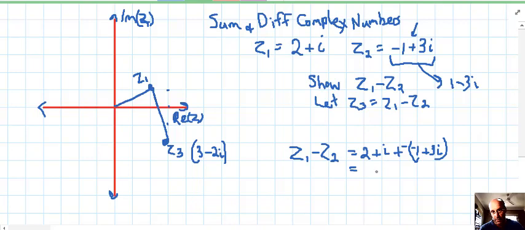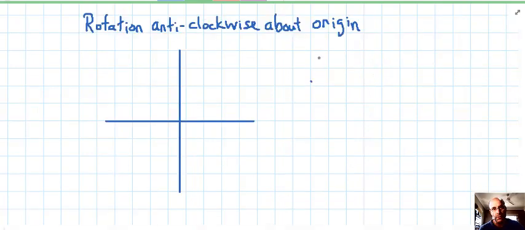That's basically minus negative 1 is plus 1, so 2 plus 1 is 3, and we have i take away 3i is minus 2i, and you can see that's why we get that result there. It's even easier with summing complex numbers. It's just like 2D vectors. Just don't use arrowheads as a general rule.